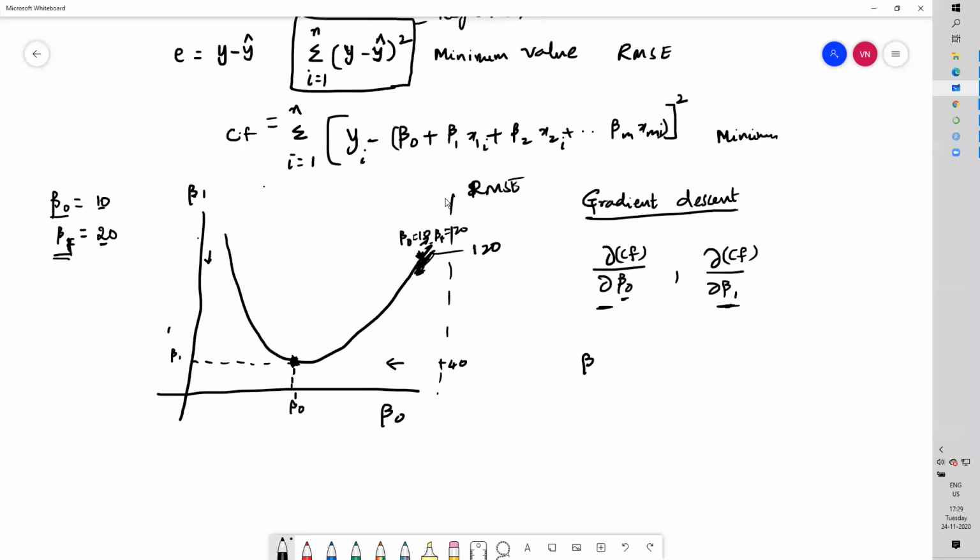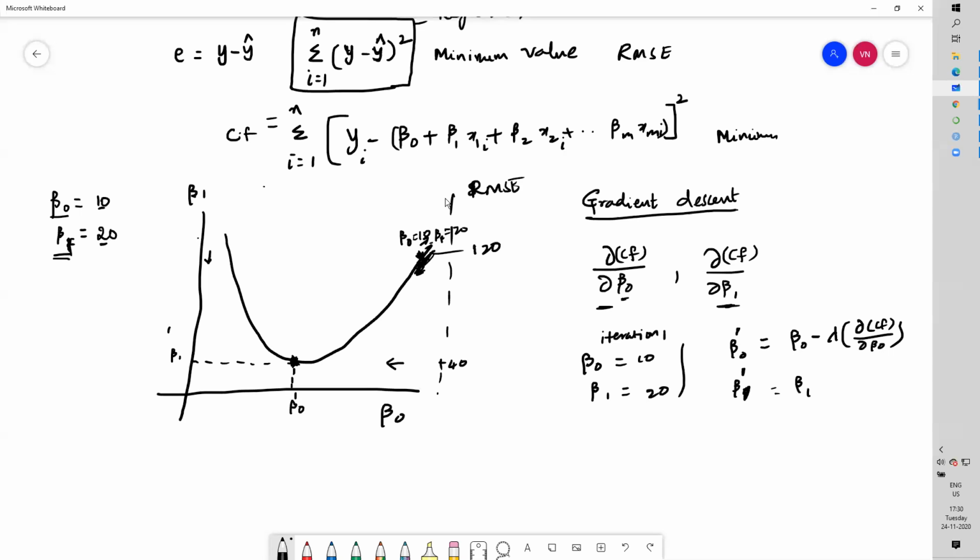Now beta naught is 10, beta 1 is 20. So this is iteration 1. Then for the second iteration, beta naught is equal to the initial value of beta naught minus lambda times the gradient, dou of the cost function divided by dou beta naught.